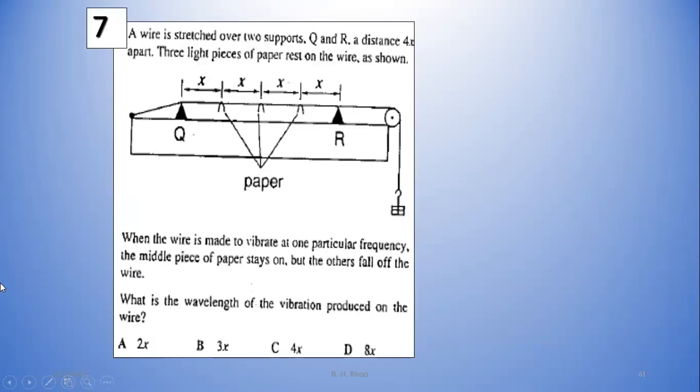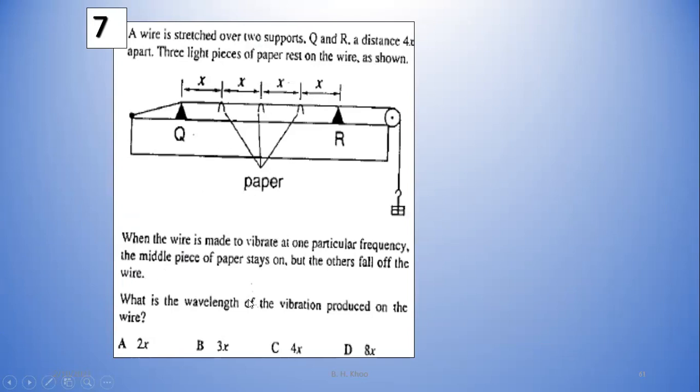Have a go at this one. A wire is stretched over two points, Q and R, a distance 4x apart. Three light pieces of paper rest on the wire as shown. These are the light paper riders. When the wire is made to vibrate at a particular frequency, the middle piece of paper stays on, and the other two fall off.